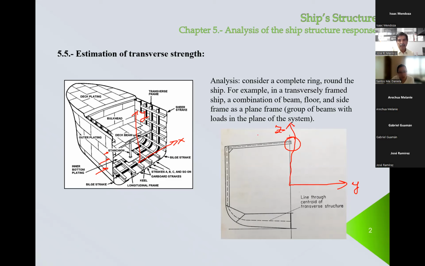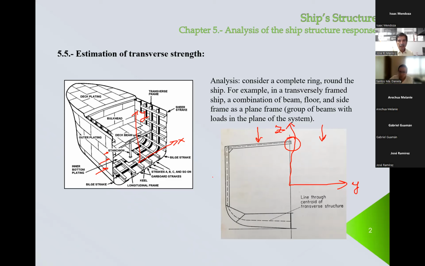No, but I'm talking about bending here. So remember that tau equal to 0 means that you're analyzing the plating. In this case, it's of the frame.